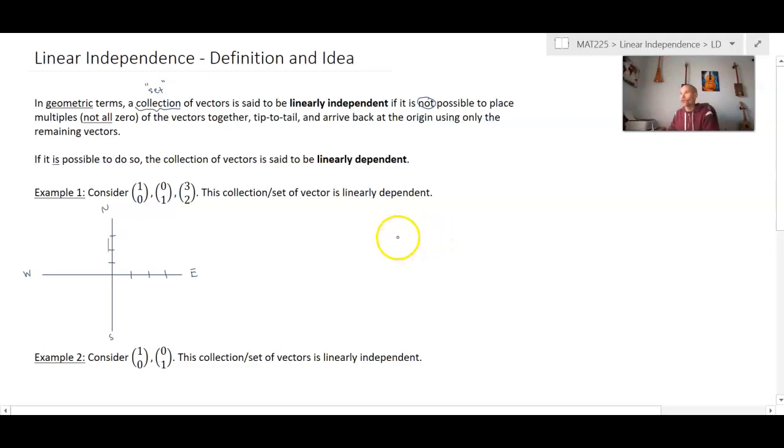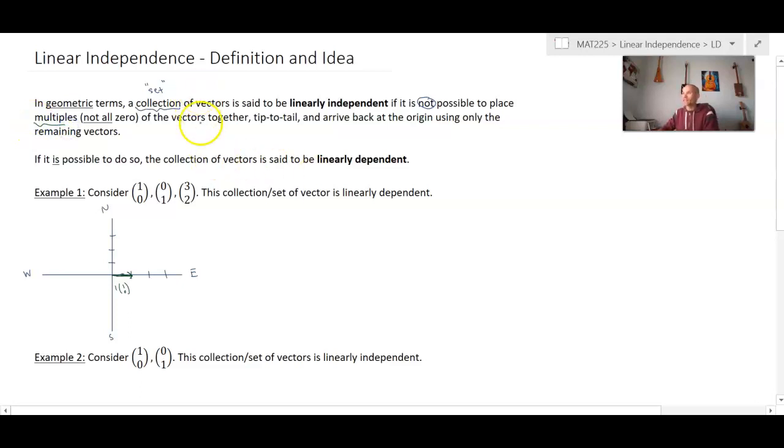With the vector (1, 0), I can leave the origin, and perhaps what I'll do is just take a multiple of 1 of that vector. That will take me to the point (1, 0). This is the representation of 1 times (1, 0). So in this case, my multiple is 1.